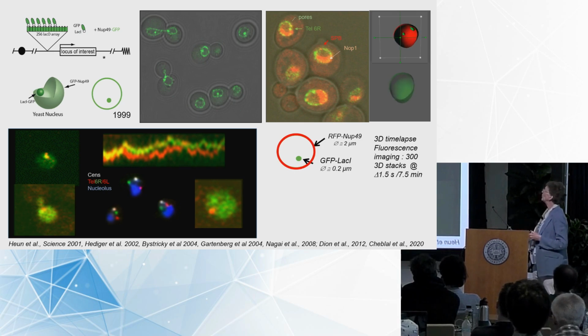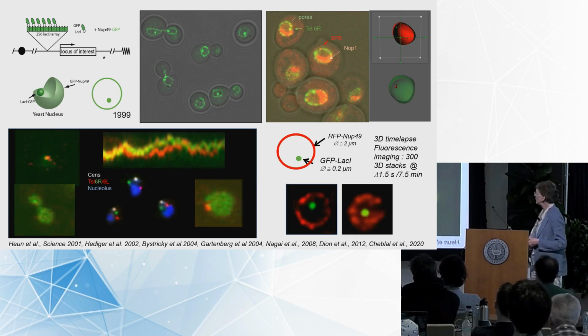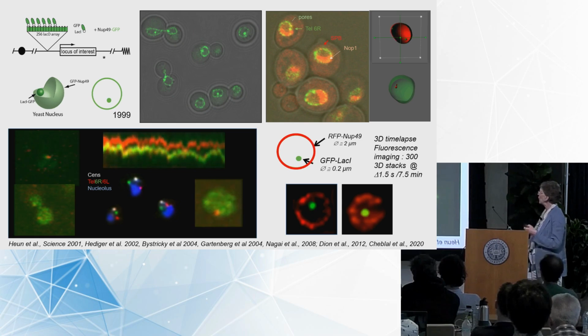We used markers for the pore, and I'm sure many of you have seen this kind of movie where each one of these spots is a single locus, in this case 2 telomeres, and we could ask how frequently different telomeres touch each other and so forth.